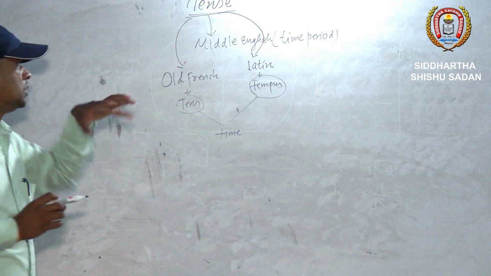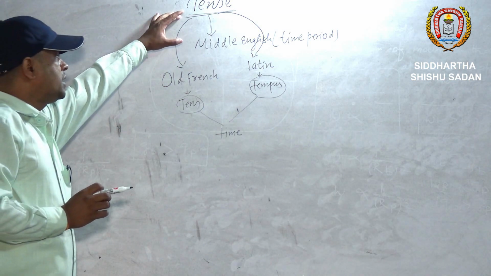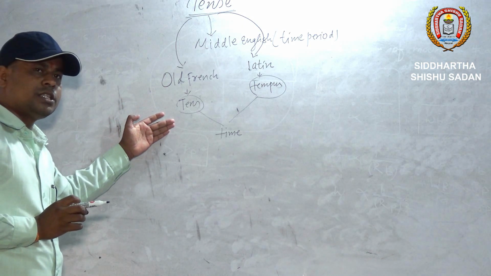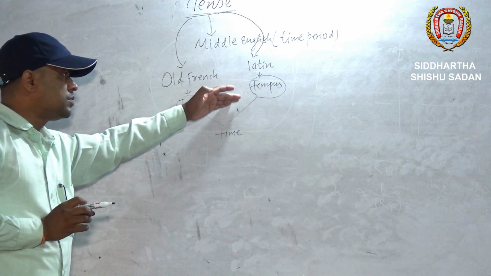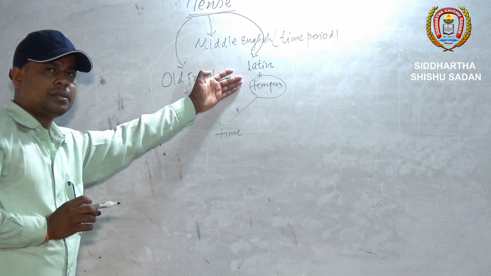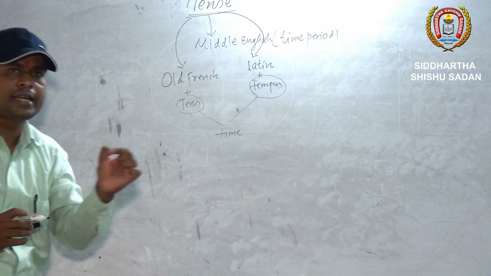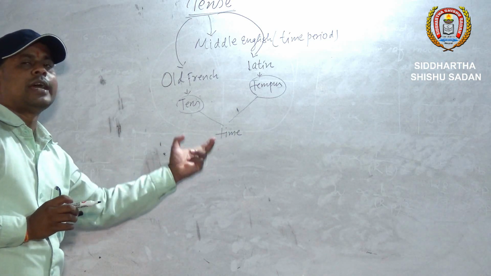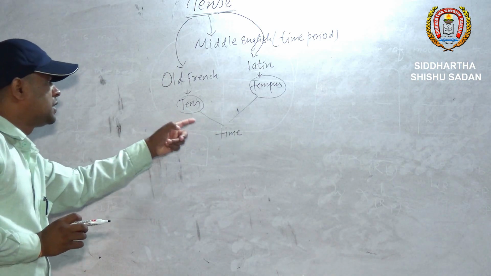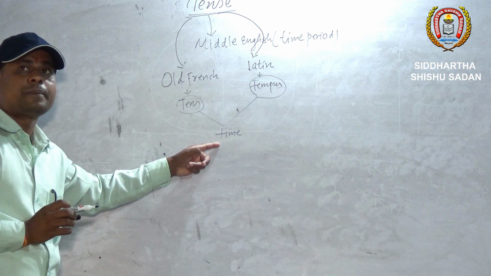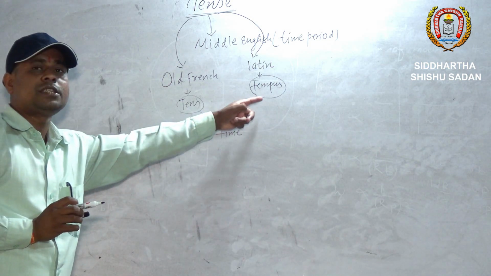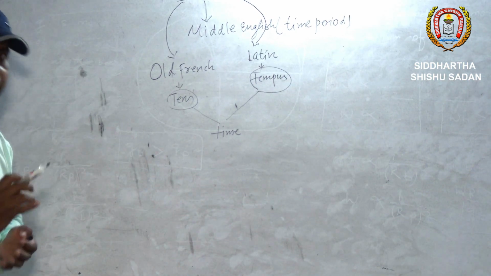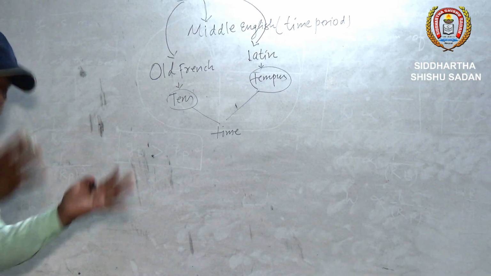Although the word tense came from the Old French word tense and Latin word tempus, we can say that tense came from the word time too, because tense is equivalent to time. Tempus is equivalent to time. Okay. So, what is tense now?